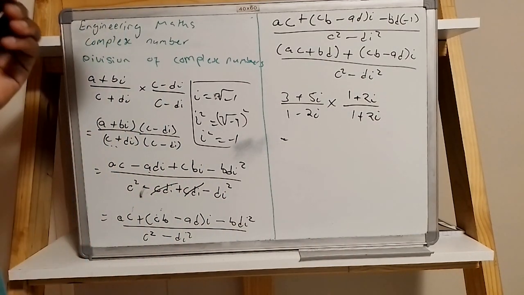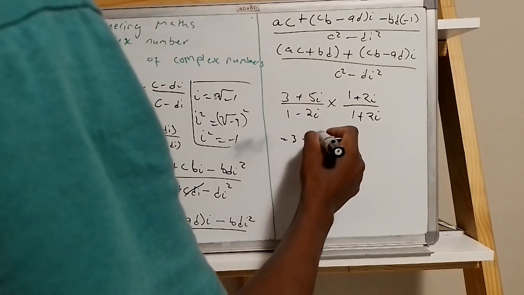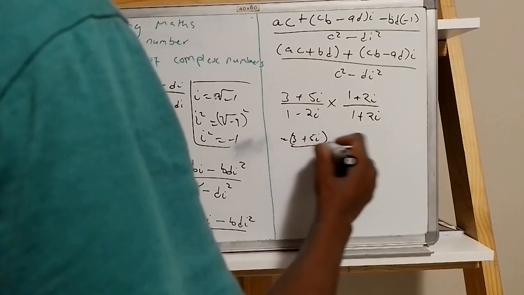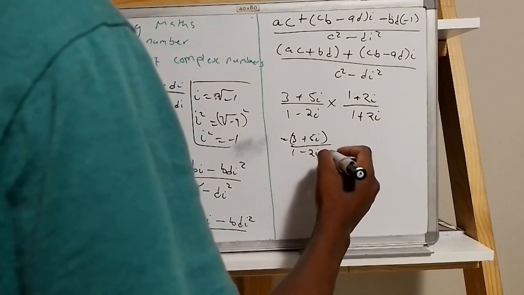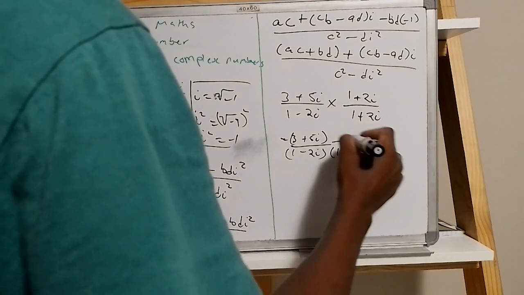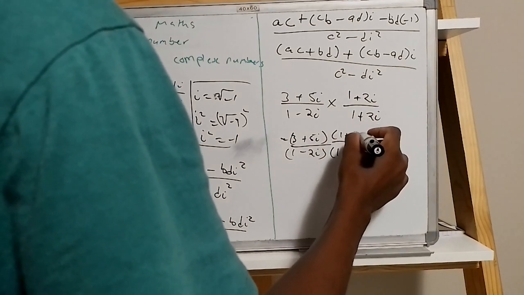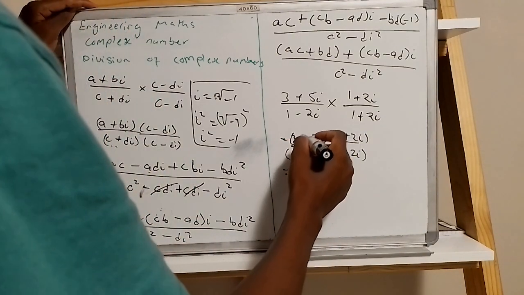This will give me (3 + 5i) over (1 - 2i), times (1 + 2i). Then this will give you what? 3.